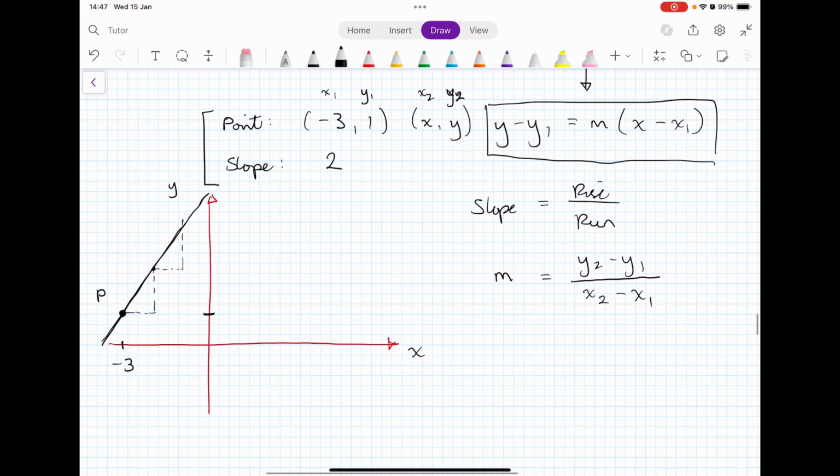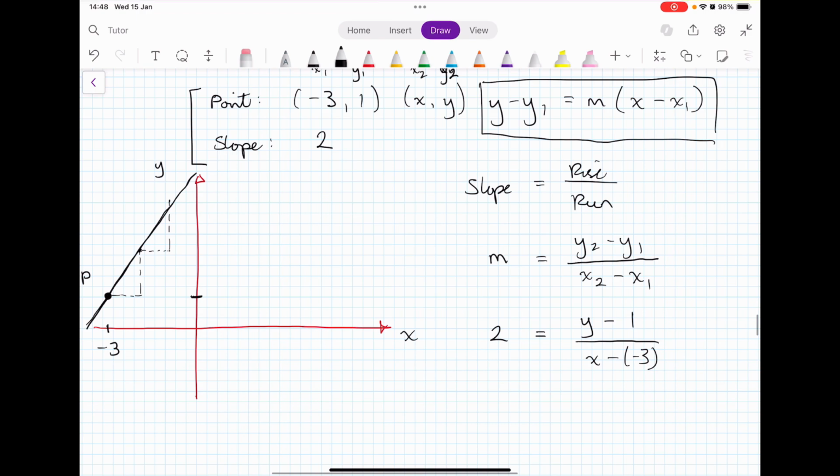When we substitute these in, the gradient, which is 2, is equal to y minus 1 divided by x minus, in brackets, minus 3.